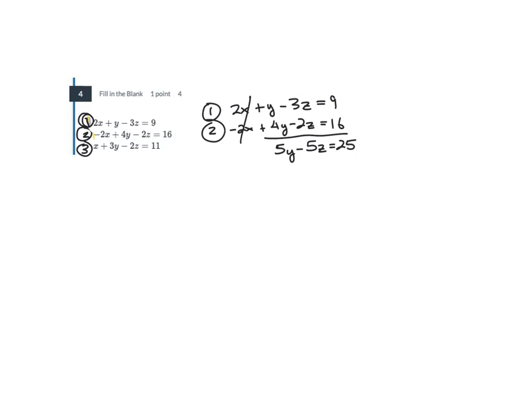So that's one equation in terms of y and z. I need 2 equations in terms of y and z, so I'm going to take equation 2 and equation 3, and I'm going to eliminate my x terms in order to get another equation in terms of y and z. So I'm writing equation 2, and then equation 3.